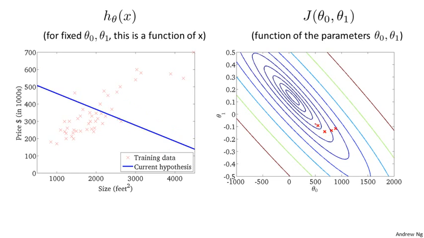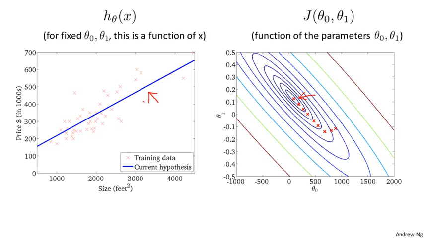So my parameters are following this trajectory. And if you look on the left, this corresponds to hypotheses that seem to be getting better and better fits to the data, until eventually I've wound up at the global minimum, and this global minimum corresponds to this hypothesis, which gives me a good fit to the data.